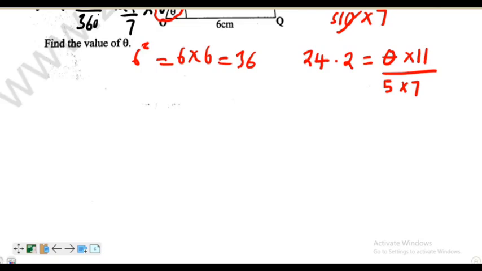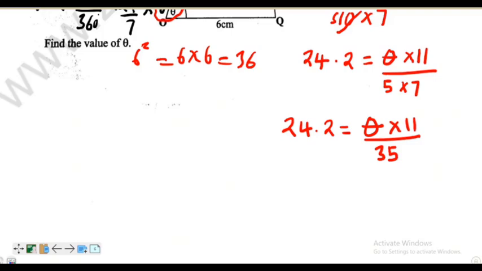Okay, now from here let us multiply. So we will get 24.2 is equal to theta times 11 over 5 times 7. What are we going to get? We are going to get a 35. I hope this is clear.